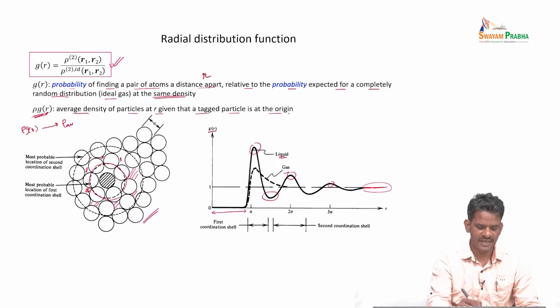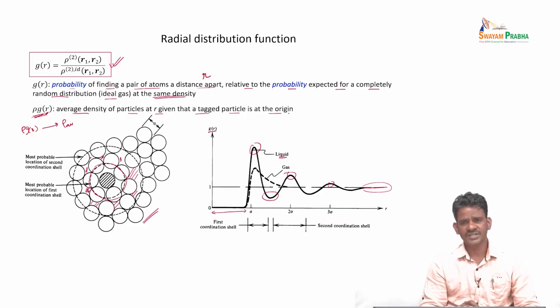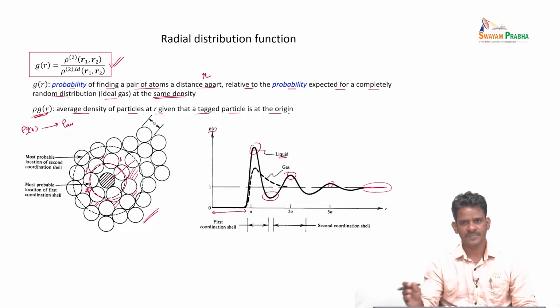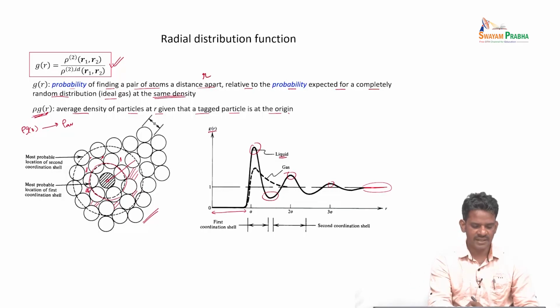After that, there is a second layer of particles, but the second layer is much more loosely bound than the first, because as you go radially outward, the distance increases and the potential basically fades out. So a particle interacts much more strongly with the first neighbor than the second neighbor, and so on.